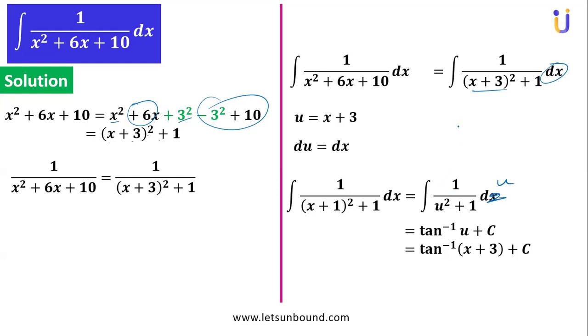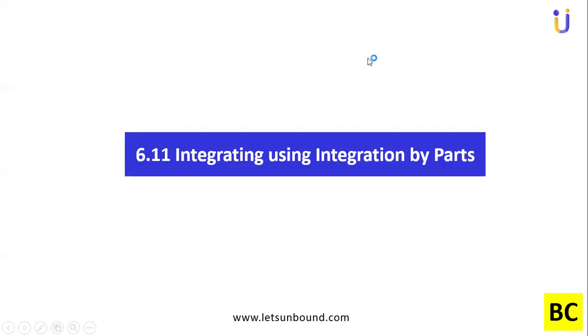So you can relate this to tan inverse of x: the differentiation of tan inverse of x is 1 by x squared plus 1. Now I have this, which is an integration. So the integral will be tan inverse of x, and here it's u, tan inverse of u plus the constant of integration, and replace your u with whatever you have taken, x plus 3. That's simple. Completing the square we can apply also.